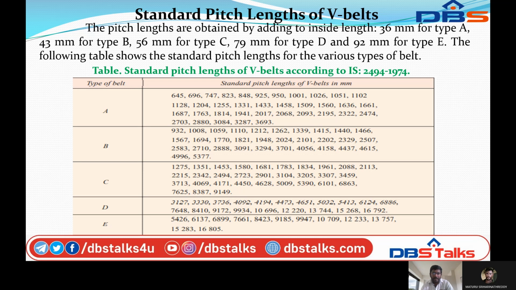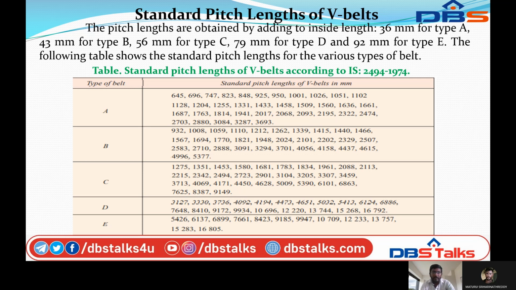Then for type B belt: 932, 1008, 1059, 1110, 1212, and the range increases up to 5377.